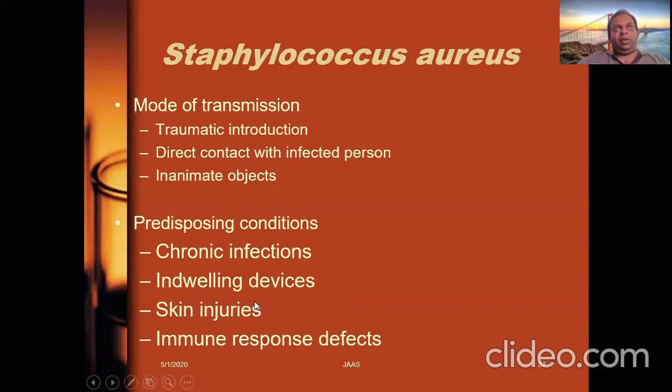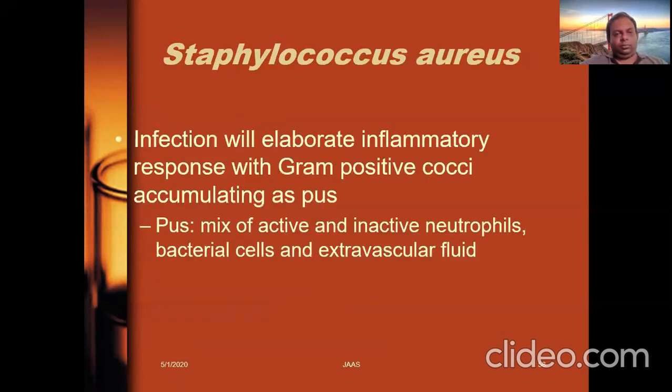I said this organism is a part of our normal flora. When skin injury occurs, the organism gets into the soft tissues or deeper tissues, so now it's a primary pathogen. Also there are immune response defects. Once the organism is there, it elaborates inflammation. So it's gram positive.